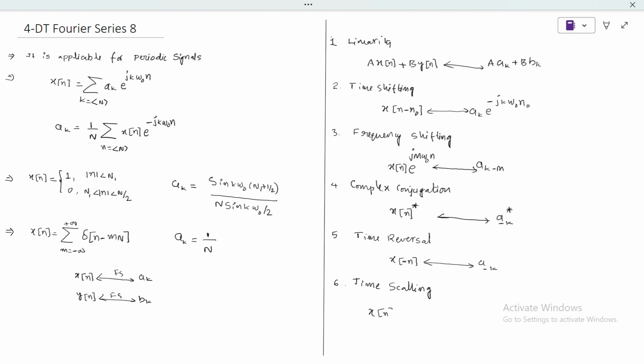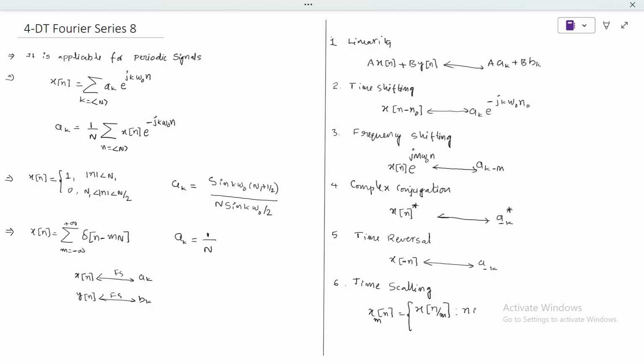So for example, x of n by m, but this n by m must be an integer, then only it becomes discrete.